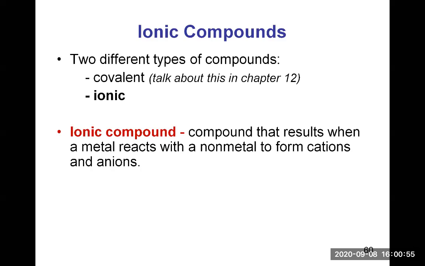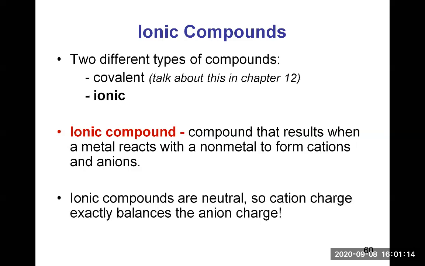And because positive and negative charges are attracted by each other, those cations will attract those anions and form a compound, and that's how they bind together. They bind due to the electrostatic attraction between positive and negative charges. However, the formulas for ionic compounds must be neutral.